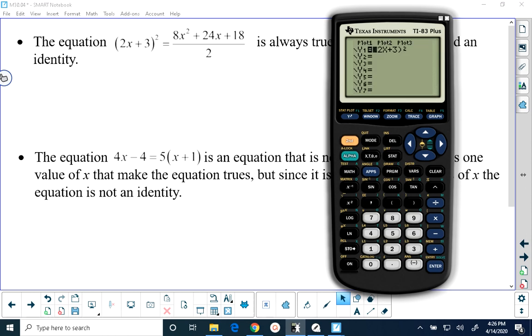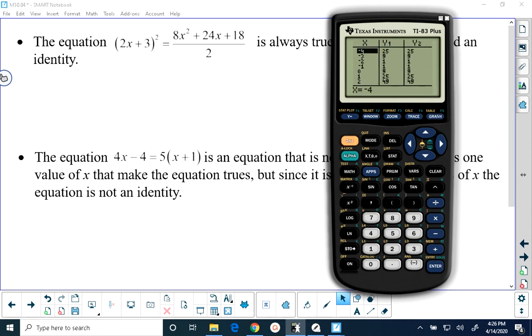Well, now I'm going to go back to y, and for y2, I'm going to enter the right-hand side, which is in brackets on the top, 8x squared plus 24x plus 18, end brackets, and divide the whole thing by 2. And now if I go to my table, I notice something.